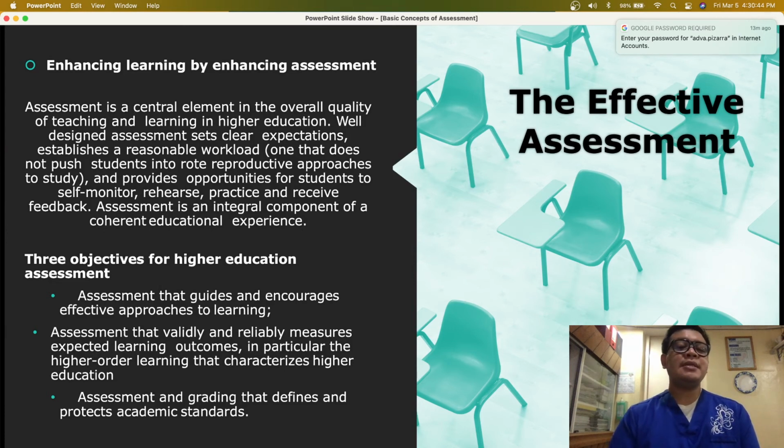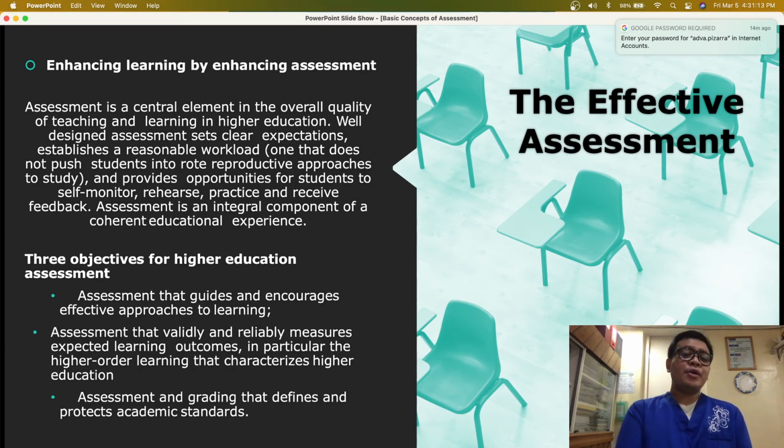Assessment is a central element in the overall quality of teaching and learning in higher education. Well designed assessment sets clear expectations, establishes a reasonable workload, one that does not push students into rote reproductive approaches to studies, and provides opportunities for students to self monitor, rehearse, practice, and receive feedback.